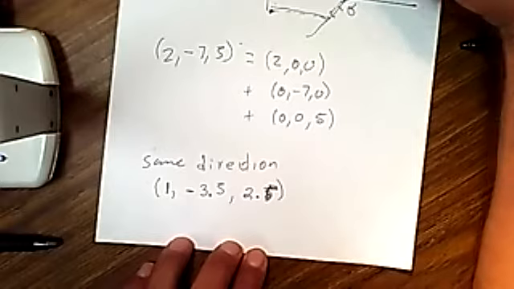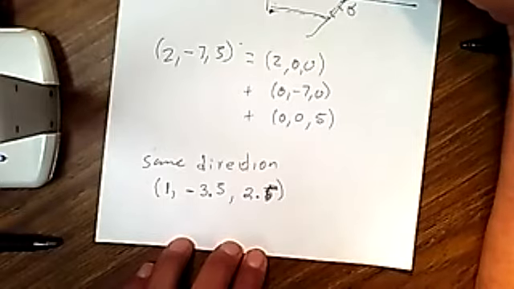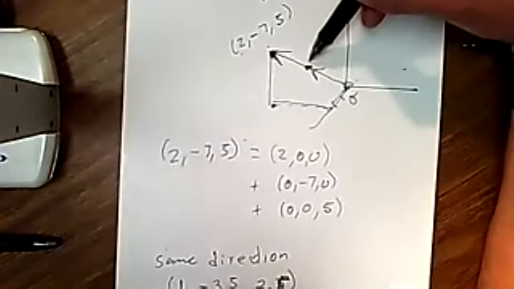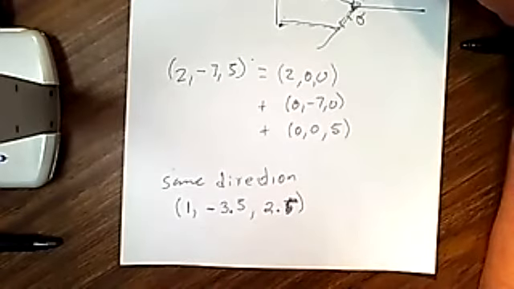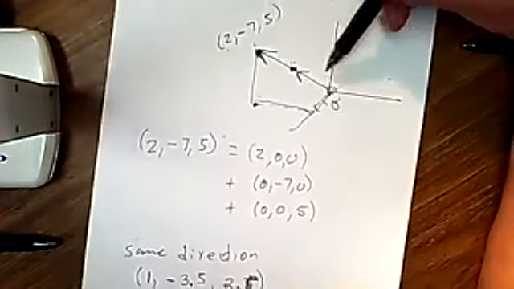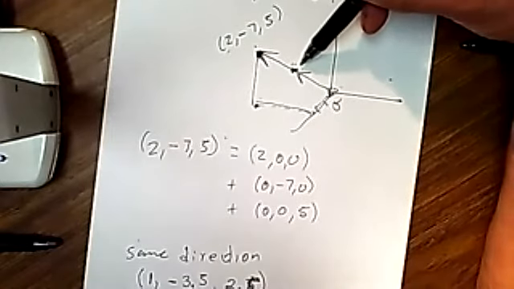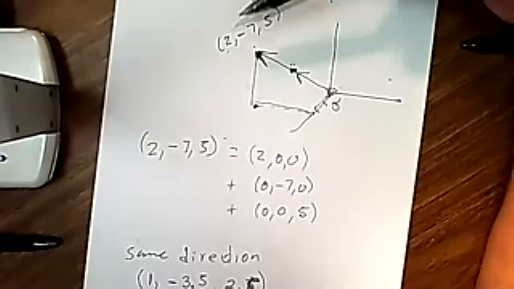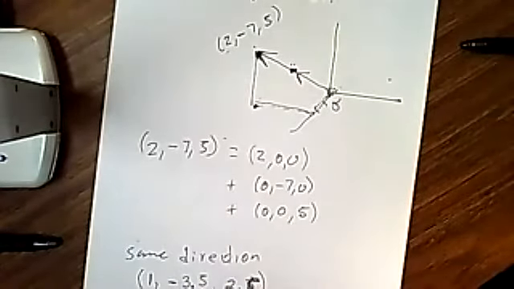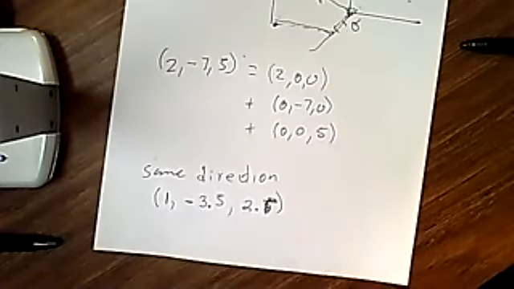Is a vector that is half the length as the original vector. This one, 1, -3.5, 2.5 is in the same direction, but it has a different length to it. It is half the length, because by halving each one of the coordinates, we are ending up with half the vector. And by half, we mean same direction, half distance between the origin and the final vector.